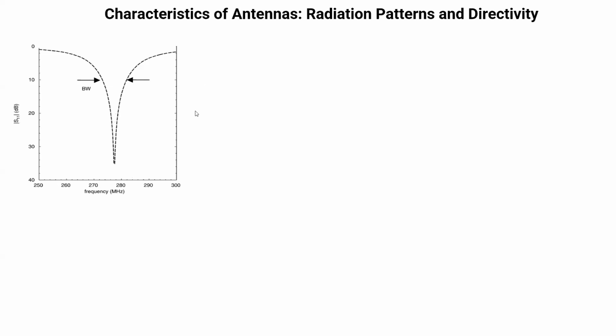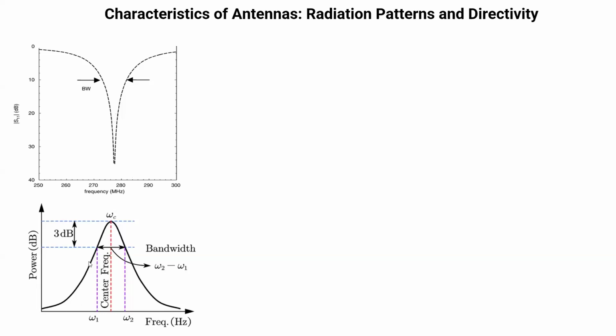Okay, so typically the transmission signal bandwidth looks like this. It's centered around some frequency, and then it expands from this frequency by some value, and at the level of 3 dB, this is what we call the bandwidth of the signal.